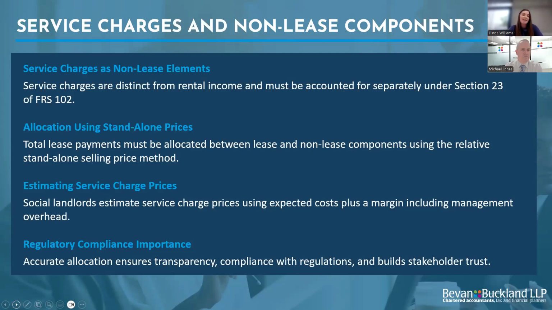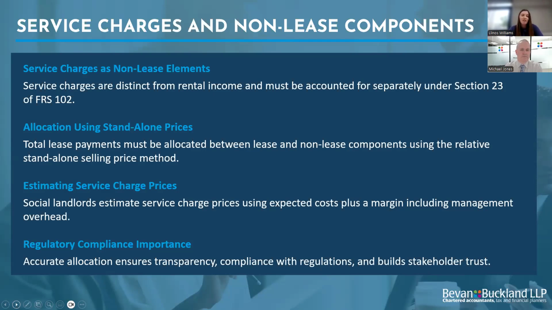Examples of this are communal cleaning, lighting, shared grounds maintenance, lifts, and door entry systems. When service charges are part of an agreement, landlords must allocate total consideration using the relative standalone selling price method. Standalone selling price is what the landlord would charge for the services if they were sold separately.